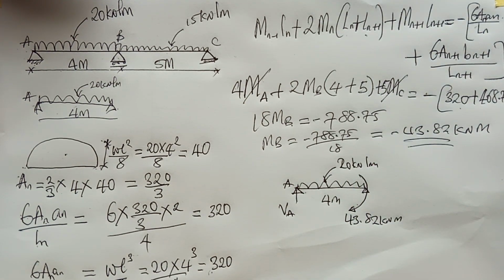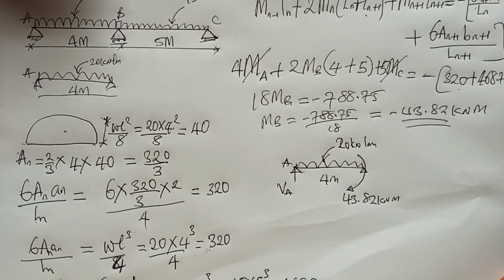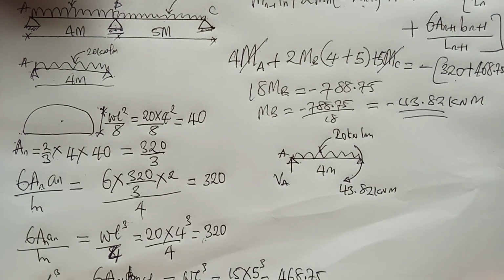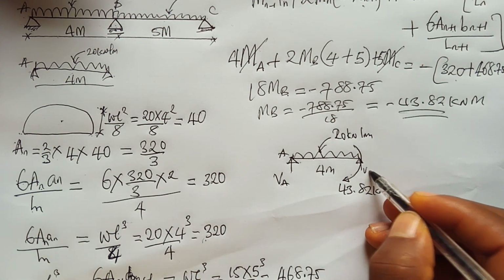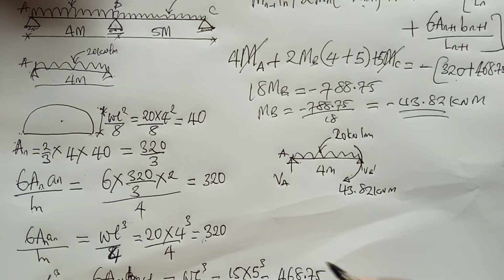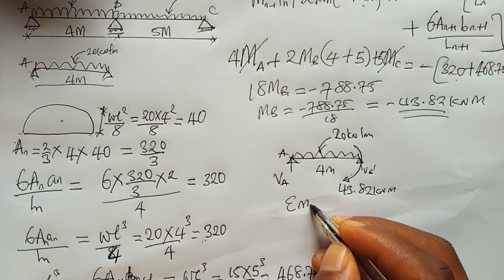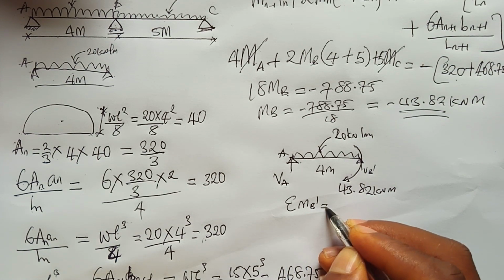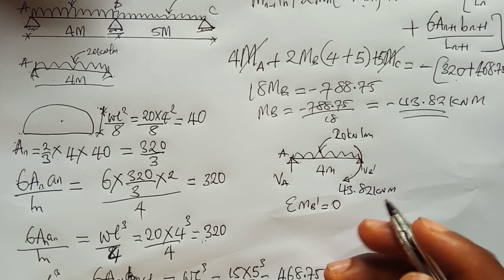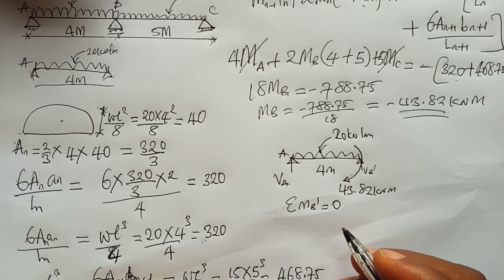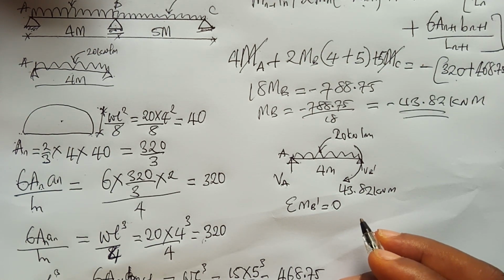Therefore, if you want to get any of the support reactions as the question demands, you are going to get at least VA, or if you want VB prime, you can get VB prime. So let's take moment at B prime to be equal to 0. You can say let clockwise moments be equal to anti-clockwise moments.